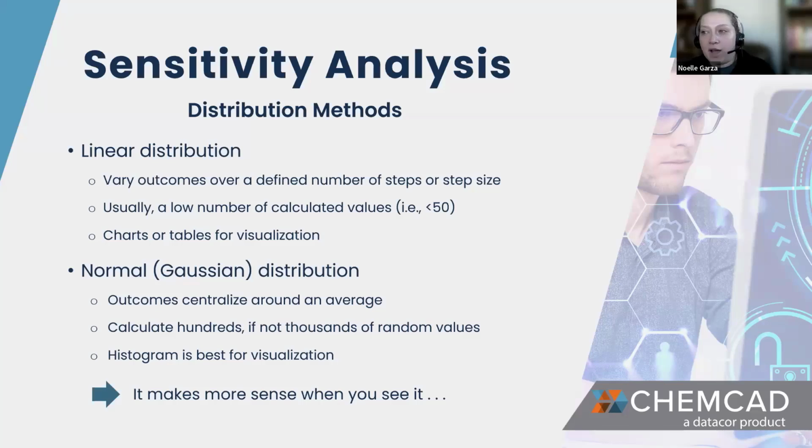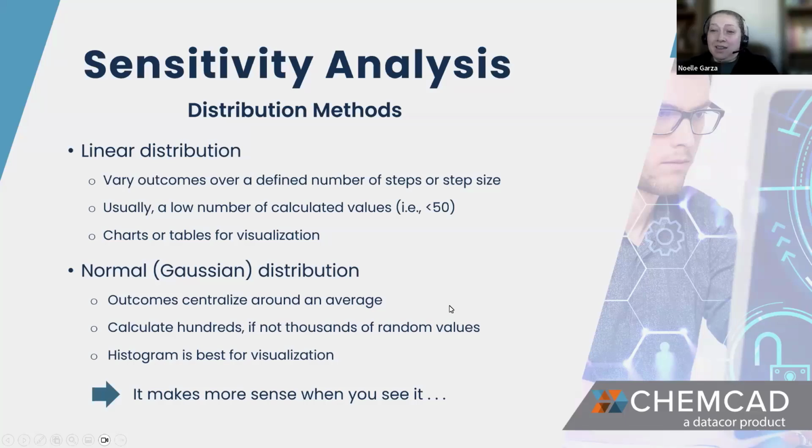We also have the normal distribution. If you remember from a grading scale, you have that bell curve. That's called a normal distribution, and it's basically just that the outcomes are centralized around an average. So you tell ChemCAD what you expect the mean value to be and a standard deviation, and you get this normal distribution, or the bell-shaped curve.